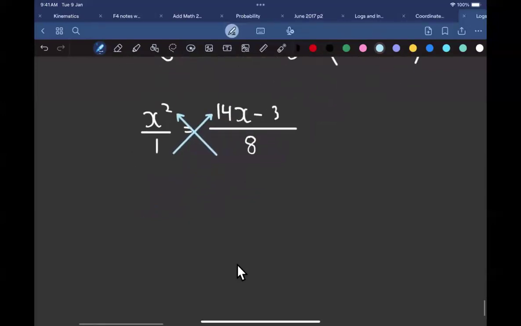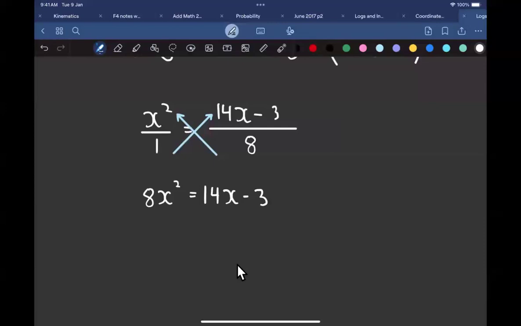So tell me what is next. 8x squared is equal to 14x minus 3. And what is this shaping up to look like?